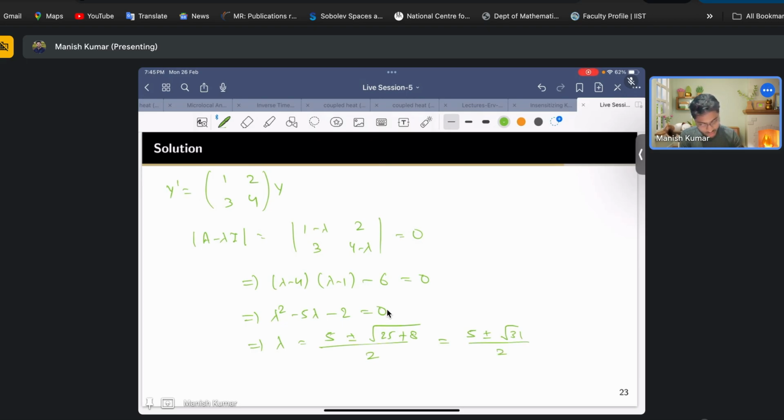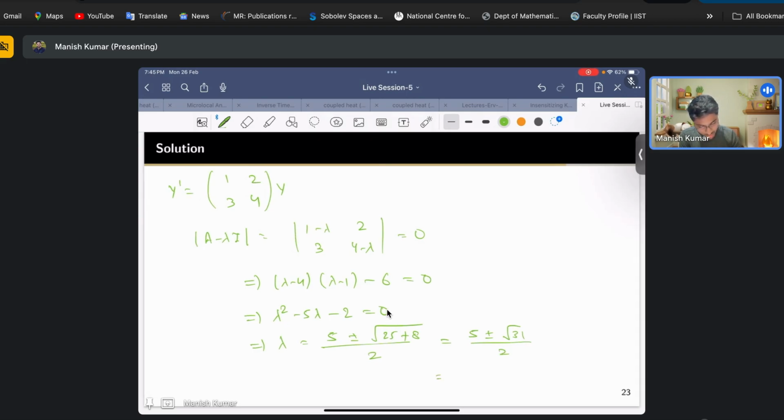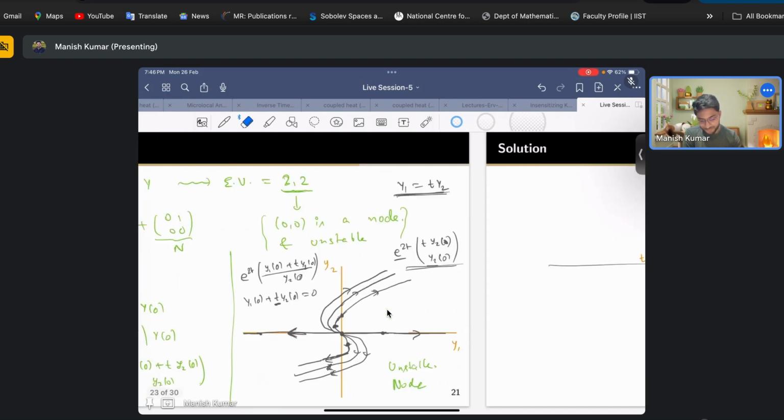So here you see lambda 1 is 5 plus root 31 by 2, which is greater than 0. Lambda 2, which is 5 minus root 31 by 2, this is less than 0, right? So these two eigenvalues are of distinct nature. So again, you can look at this characterization.